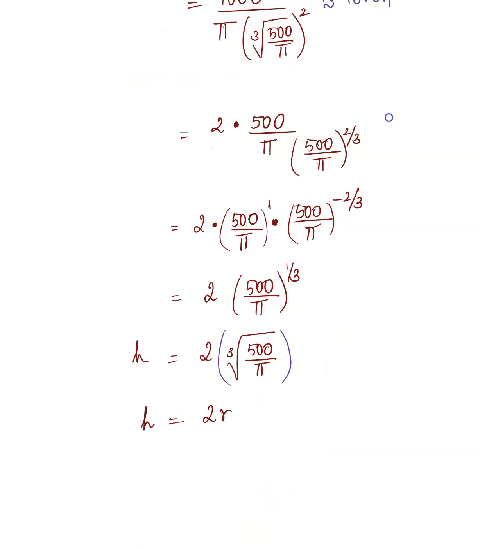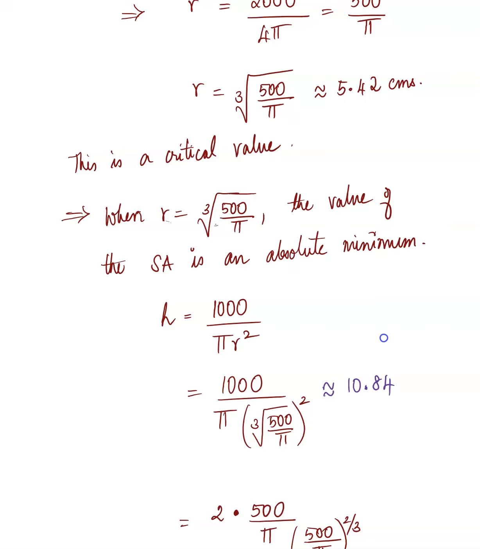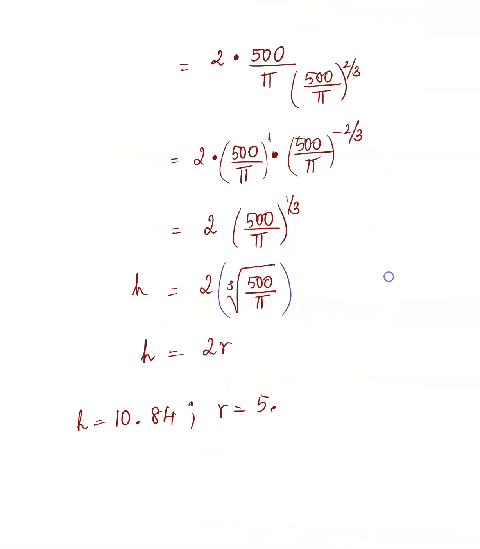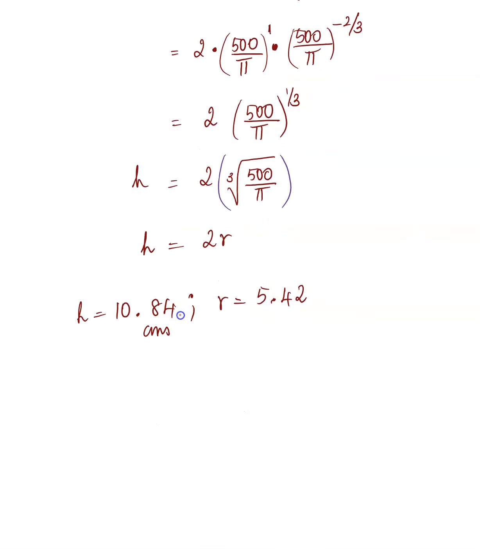Okay, so you can also verify that by seeing that h is 10.84 and r is 5.42. And so I'll just write centimeters. 5.42 times 2 is 10.84. So you can see right there, even in the approximated version, they match this relation.